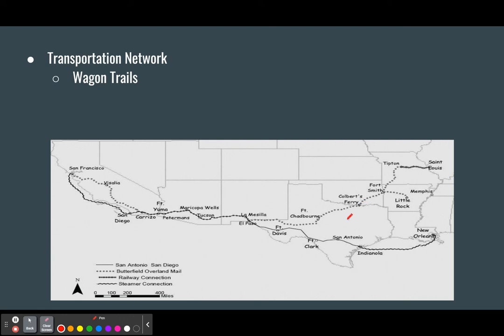It's not quite highlighted on this particular map, but I'm going to draw it along here. It follows the Canadian River, and it goes along this way, but it essentially goes all the way to California.